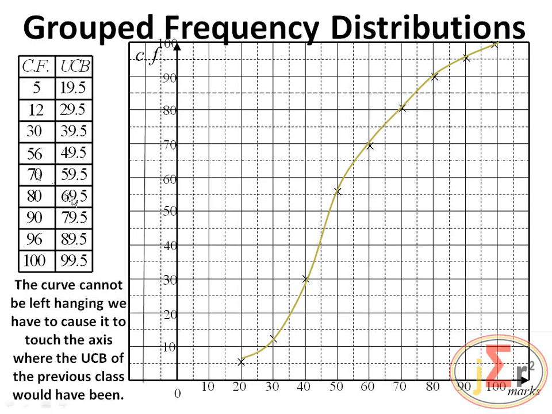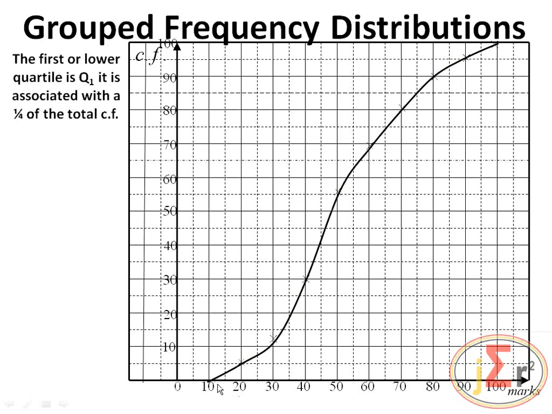And if we go down like this, notice what we are going to do. We are going down 39.5, 29.5, 19.5, then 9.5. So it will touch the axis at 9.5. So that is our cumulative frequency curve.